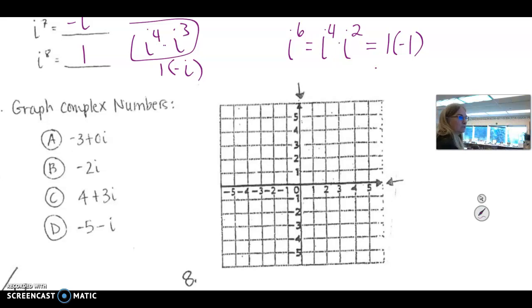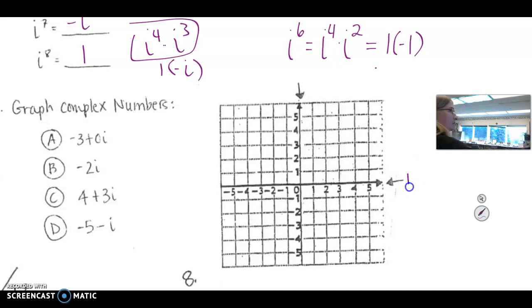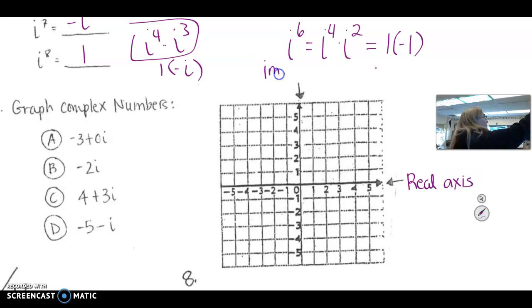We'll go over how to graph complex numbers, right below what we were just working on. This is actually pretty simple to do if you know how to graph ordered pairs. What we normally call the x-axis we're going to call the real axis, and the y-axis we're going to call the imaginary axis.